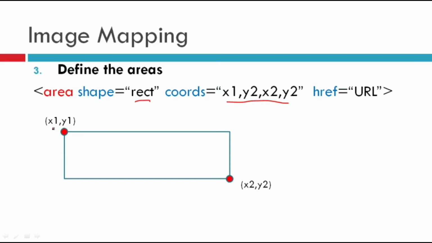Every point will have two coordinates, x1, y1 and x2, y2, and these values can be found out from any software like Paintbrush, which we will be learning later on. Once you find the top left and bottom right points, the figure of the rectangle will be plotted by the system. Then again you have the href for the URL value, which will open up this website whenever we click on the area of this rectangle.